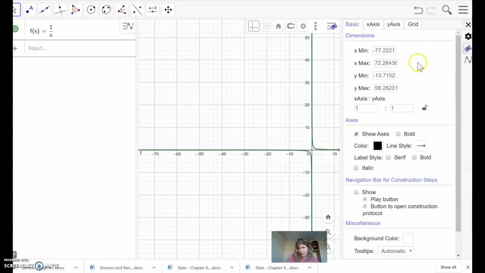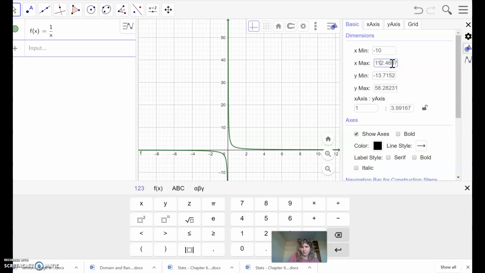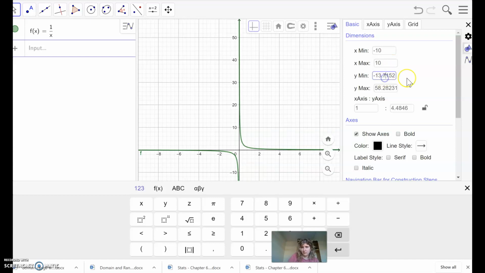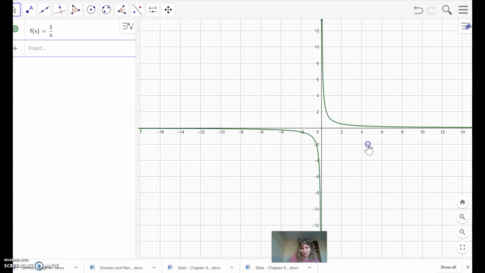My window is still pretty big from before, so I'm going to set it from -10 to 10, and from -10 to 10. All right, there we go. Nice screen to look at there.